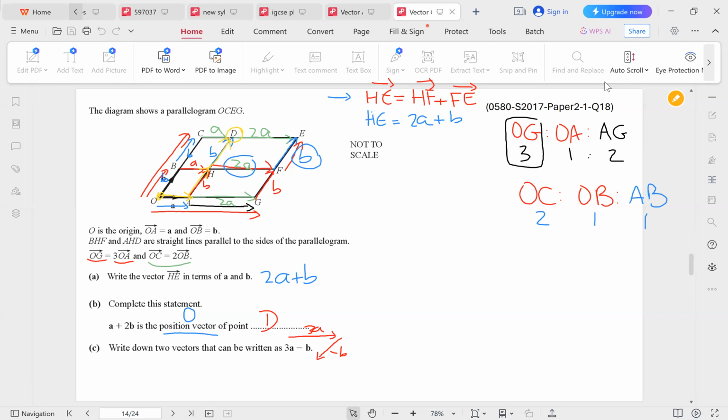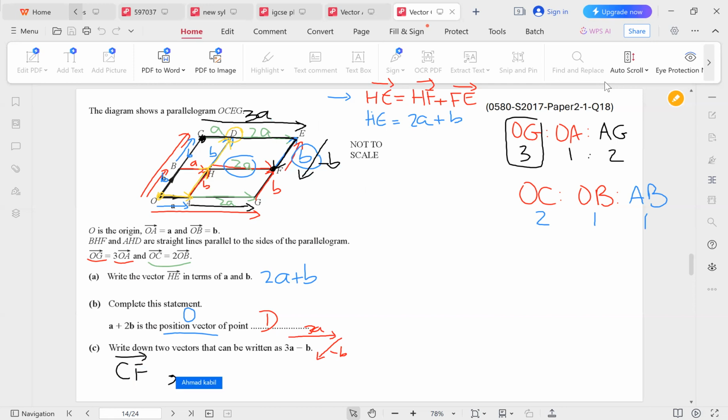So let's start at point C, for example. Now, this is A and 2A, so this would be 3A. And then opposite to B, so this would be minus B. So we would end up at point F. So this is the vector we are talking about. So the first vector that would work here is vector CF.